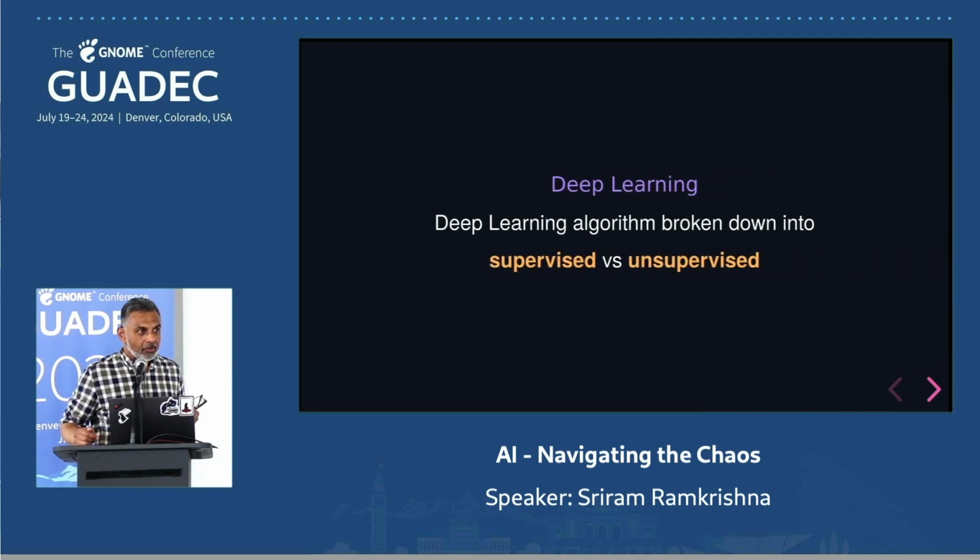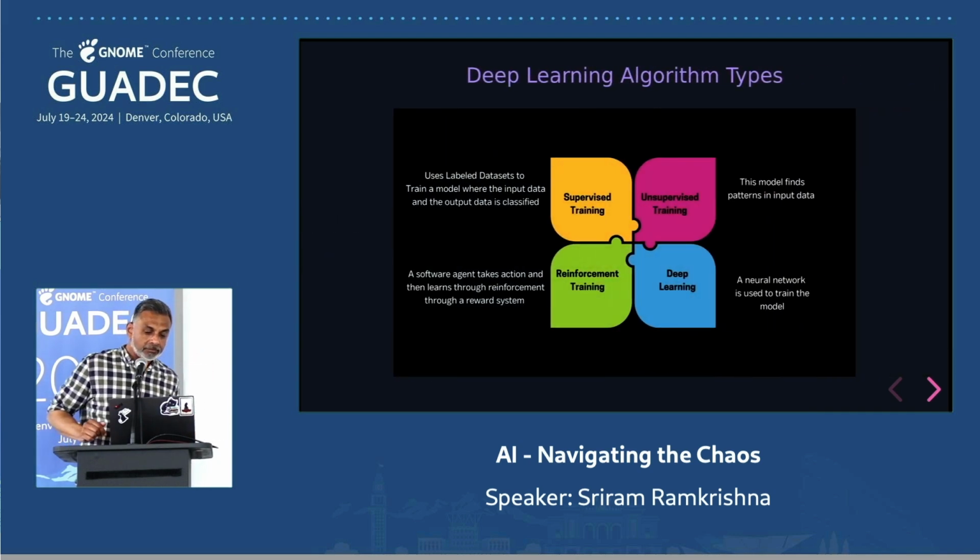So when you're thinking about deep learning, there's two kinds. There's supervised and unsupervised. And if you look at this graph, you can see these deep learning algorithms have supervised training, which has things like labeled data sets. Like think of marketing data or sales data, that kind of thing, right?